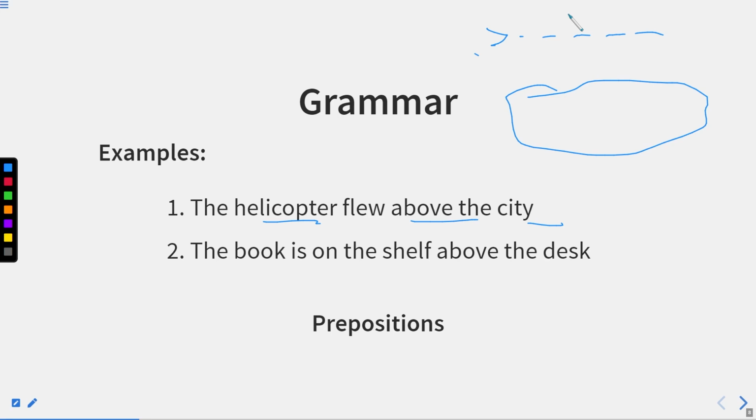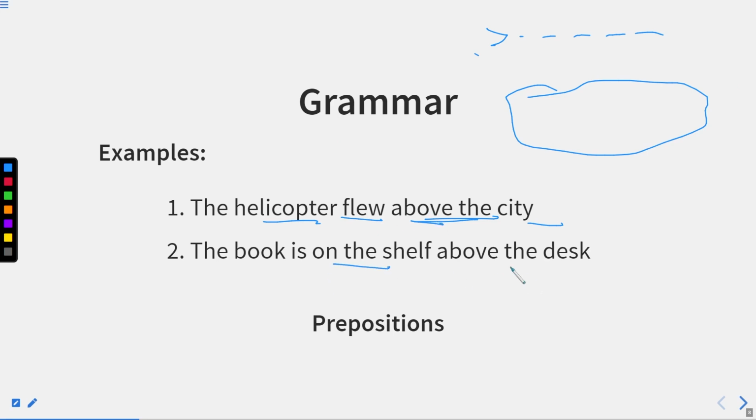We can use above the city, we can use over the city. What is the difference between over and above in respect of aeroplane, that we will discuss later on. We will also discuss in this session the difference between over and above in some cases. Now, here the helicopter flew above the city, it means the city is here and it is flying above it. So we are using above.